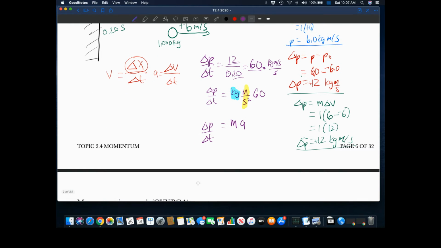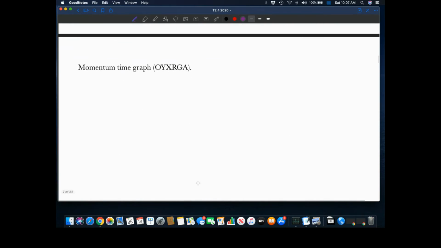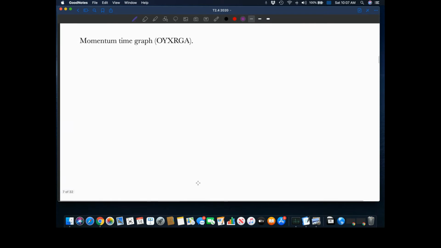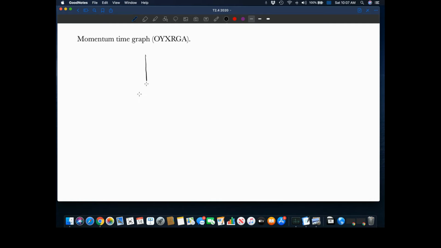All right, so let's move on to our next part of this, which is to draw a momentum time graph of this encounter with the wall. So we have time, we have momentum, and we have 0. And we'll pull out our OIZERGA.